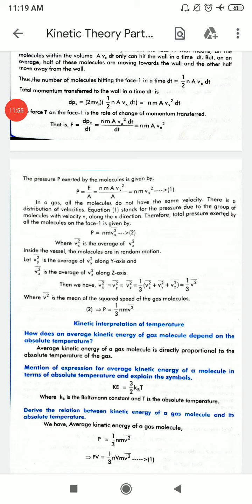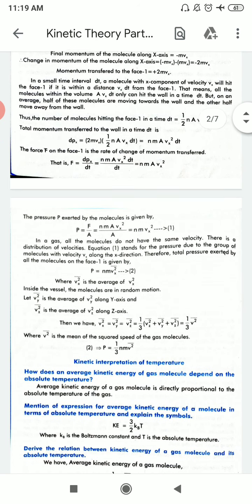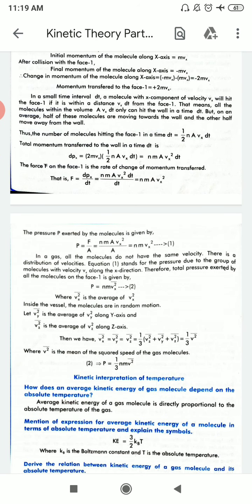After that, we will see the kinetic interpretation of temperature, with some questions here. How does the average kinetic energy of gas molecules depend on the absolute temperature?